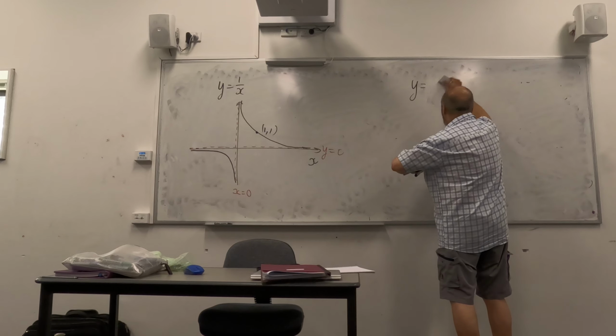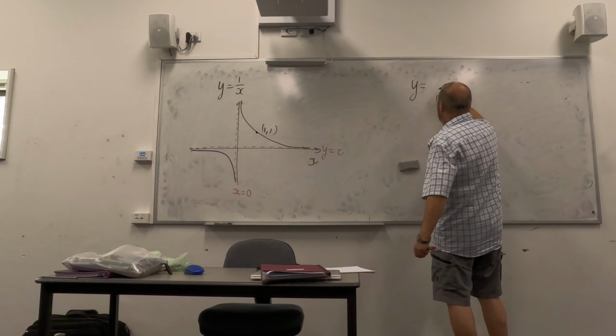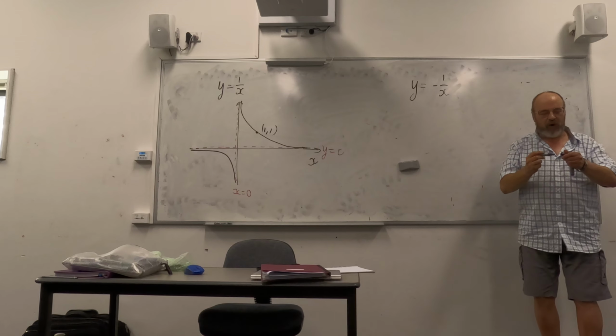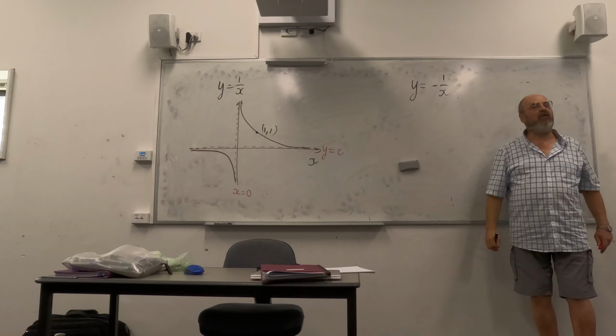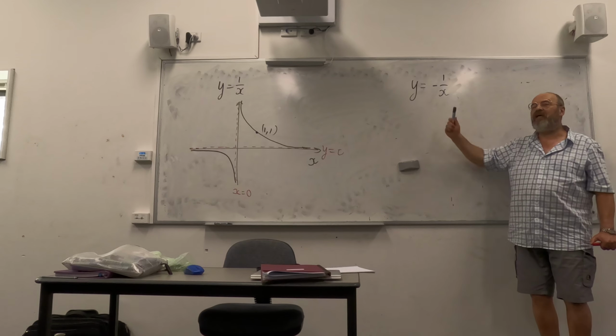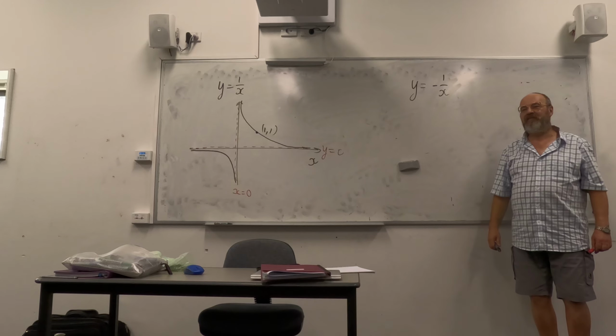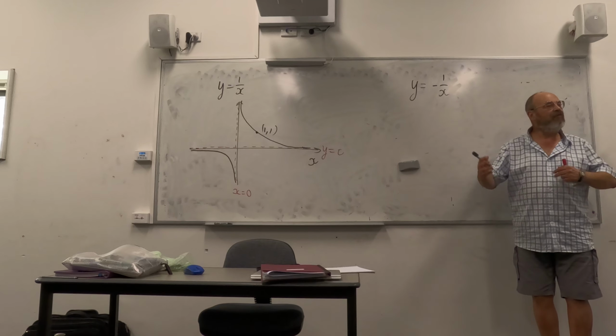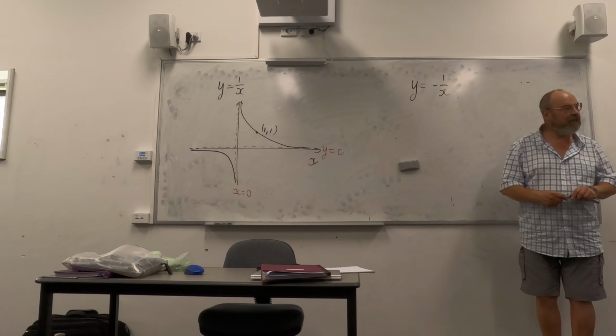Let's say y equals negative 1 over x. What am I reflecting about, which axis? I put a minus in front of the whole thing. You flip it around the x-axis.